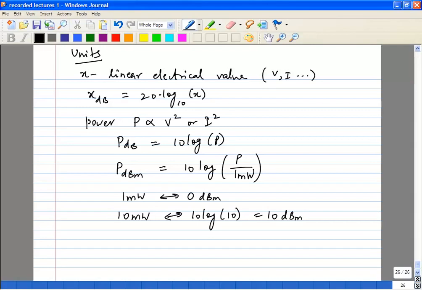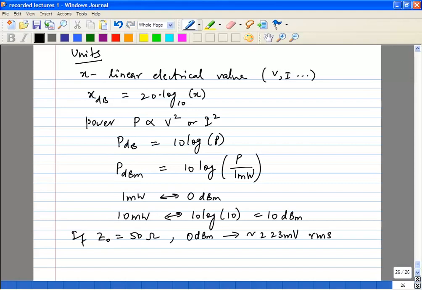And one other useful thing to know is, if your characteristic impedance is 50 ohms, 0 dBm corresponds to approximately 223 millivolts RMS.